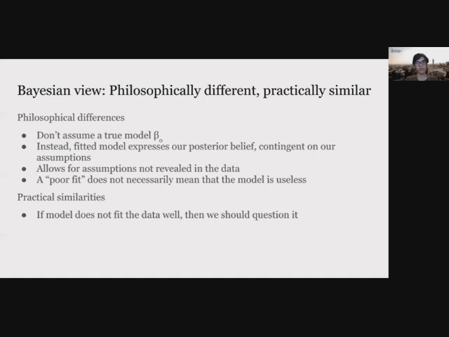So if the model is not a good fit, we have to think about in what sense it's not a good fit, and we have to ask whether or not this lack of fit is justified based on the other assumptions that we're making about the phenomenon that we're trying to model.